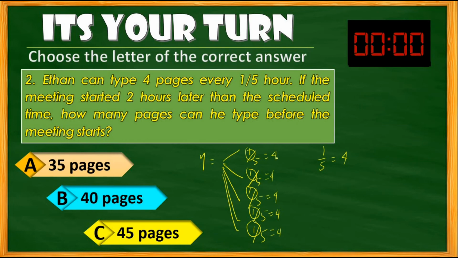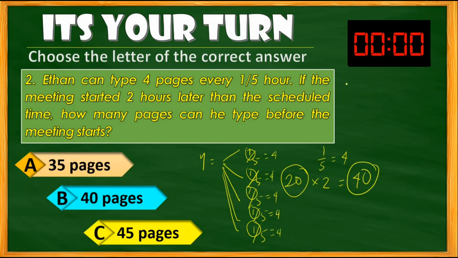Therefore, we have 4 plus 4 plus 4 plus 4 plus 4. The answer would be 20. Good. So in 1 hour, we have 20. So in 2 hours, we have 40.